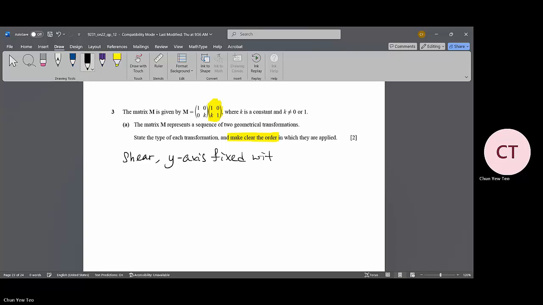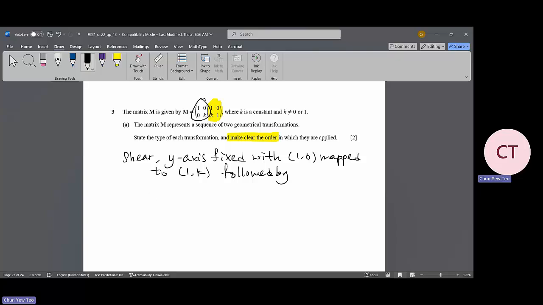The point (0,1) maps to (1,k), followed by the second transformation.